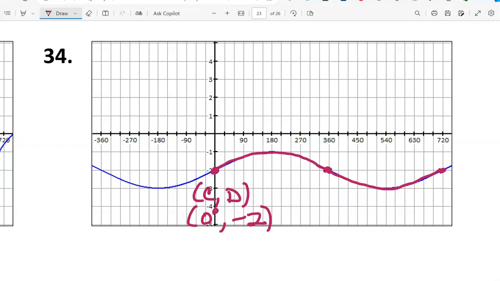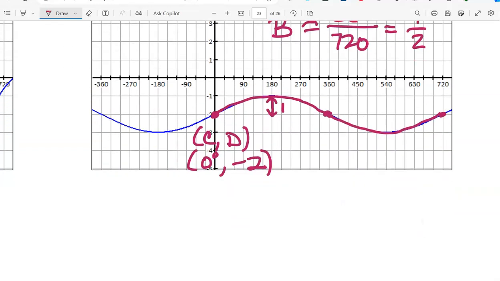Now we need to figure out what A and B are. A would be related to the amplitude, which is 1. Since this graph is not inverted, it's a regular sine function, it's right side up, then A is positive 1. Next thing we need to figure out is B. B is 360 degrees divided by the period, which is 720, so that's equal to 1/2.